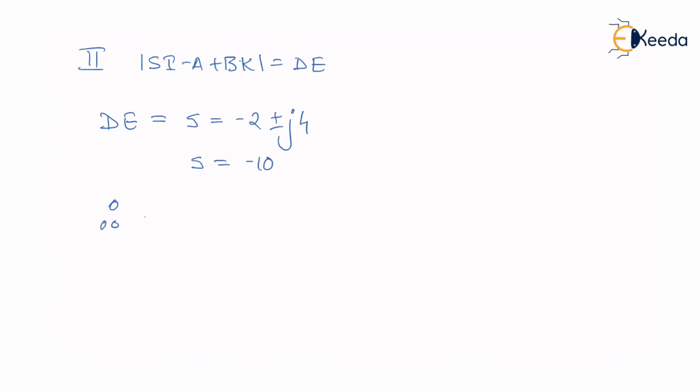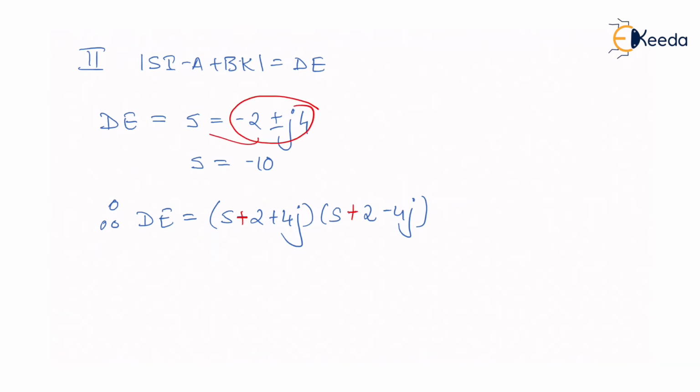Therefore, I can say the desired expression is equal to (s - (-2 + 4j)) common with (s - (-2 - 4j)). Students, please make a note of one thing: the minus sign is actually becoming positive over here. Why is it positive? Because if we shift this term to the RHS of the equal sign, it becomes minus.